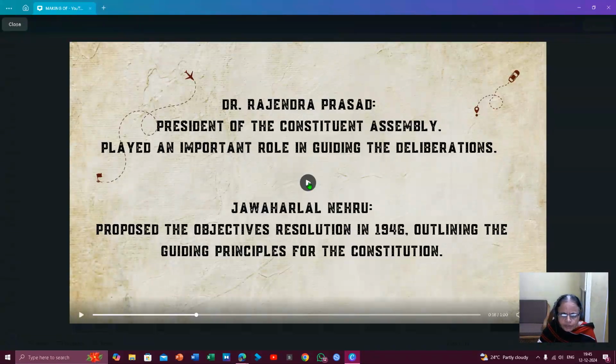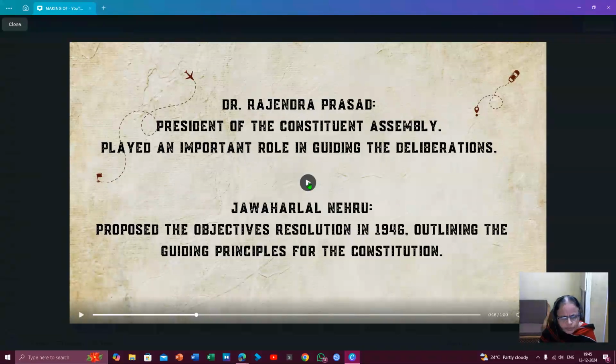He also guided all the deliberations that they made with the help of the different constituent assemblies. And then Jawaharlal Nehru, who was later the prime minister, before we got independence was also in the drafting committee.